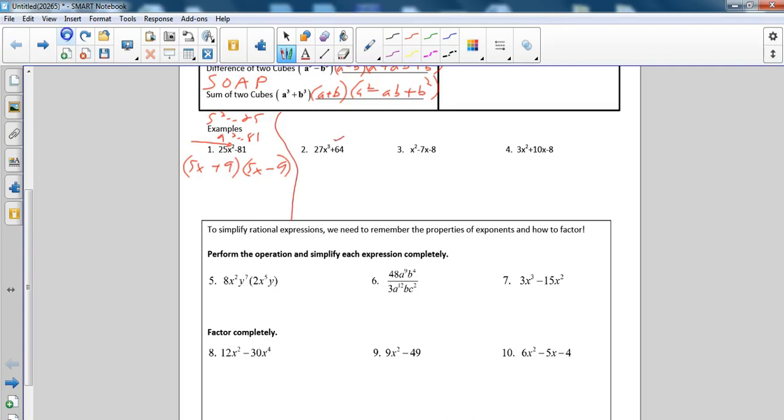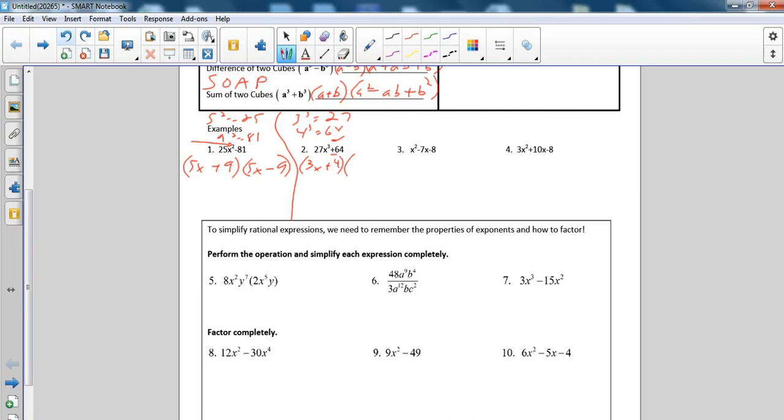Now, see this little 3? That tells us we're looking at cubes, and it's a sum of cubes. So hopefully you recognize that 3 cubed is 27, and 4 cubed is 64. So we're going to do our SOAP pattern. Cube root of 27 is 3. And there's our a term. SOAP, same. Cube root of 64 is 4.